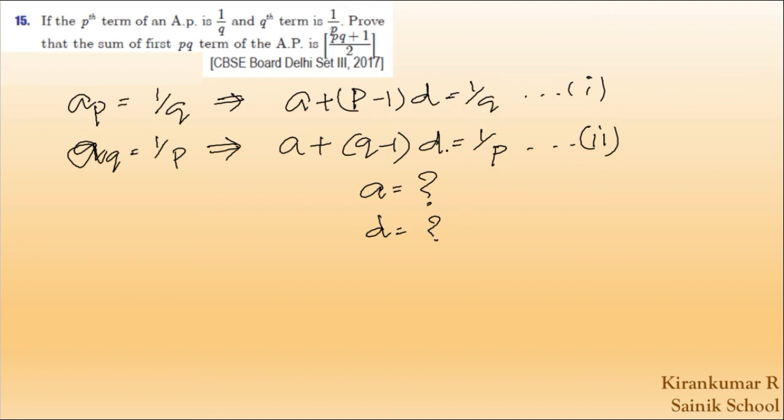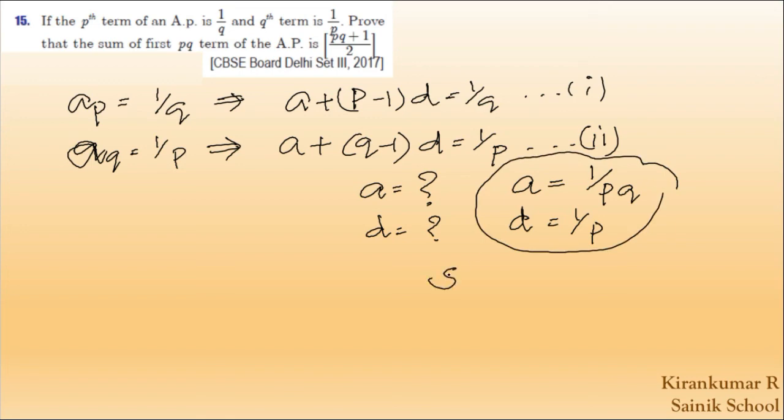If you subtract, you will be getting a cancelled. Let me give the answer. You will try this. You will get a value as 1 by pq and d value as 1 by pq. With this information, we need to find the sum of pq terms.